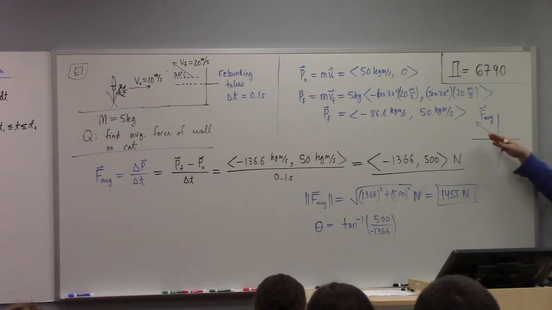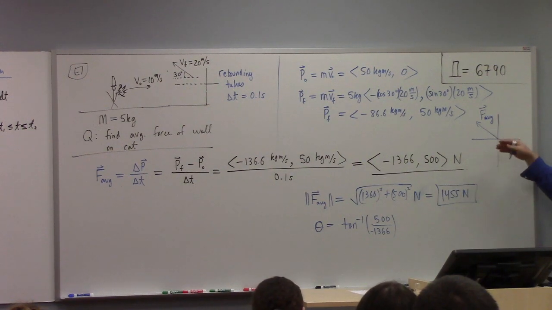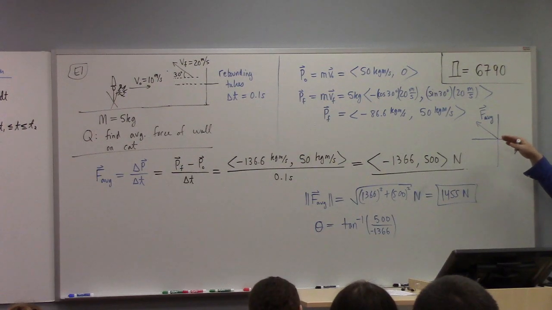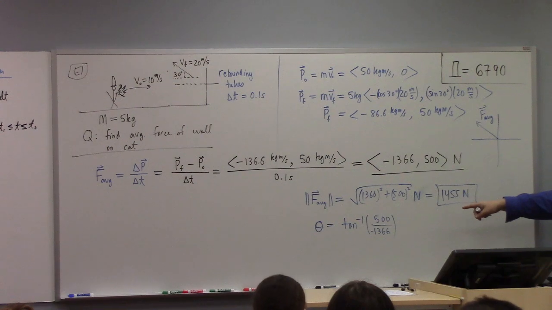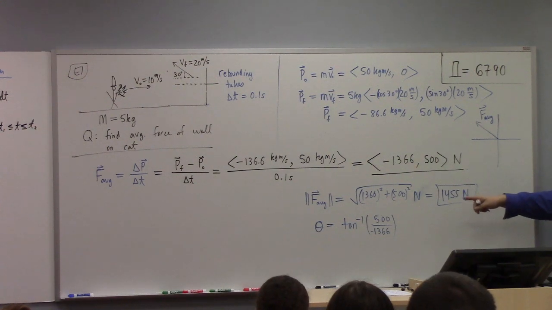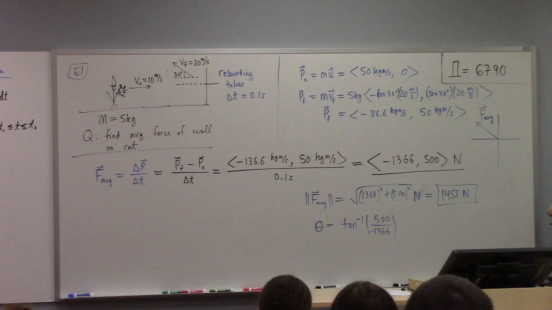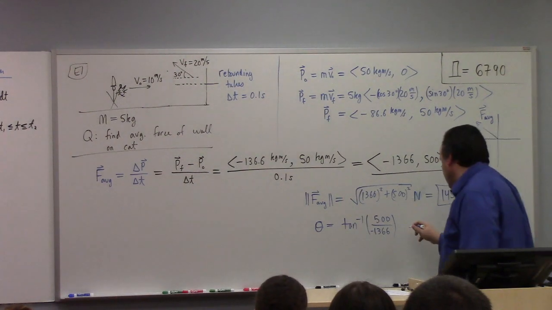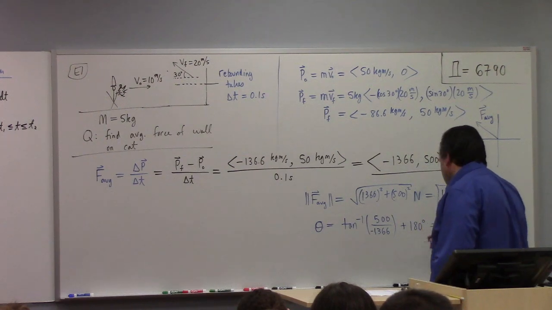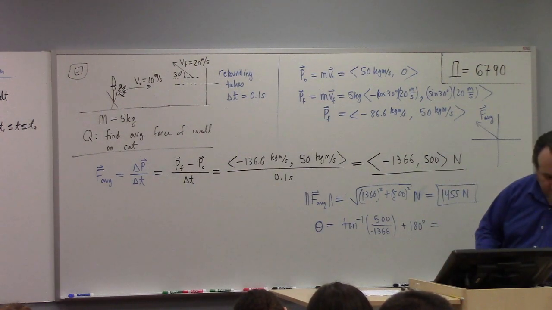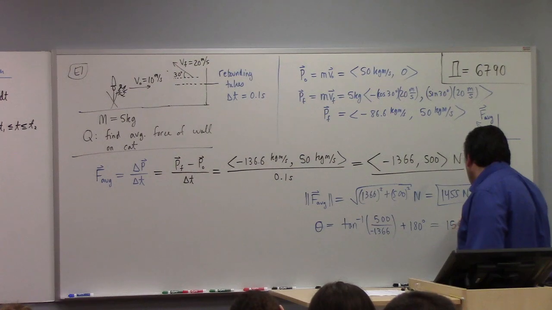So as a picture, it's like this. We should be finding an angle between 90 and 180, in quadrant 2. But inverse tangent gives something between 0 and minus 90. So I heard somebody say add 180. I think that would be correct. That's what we have to do. So plus 180, and that gives me 159.9 degrees.